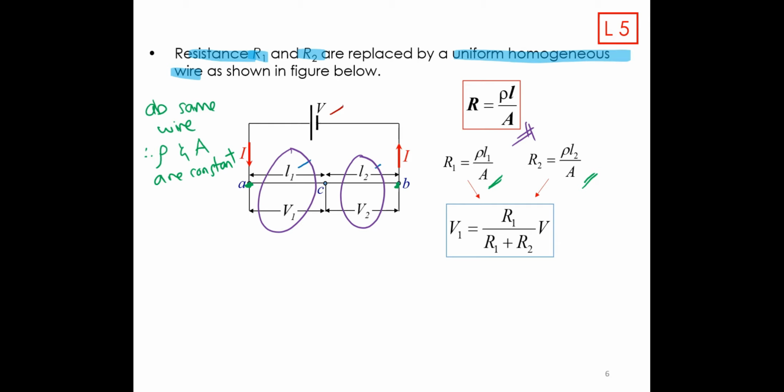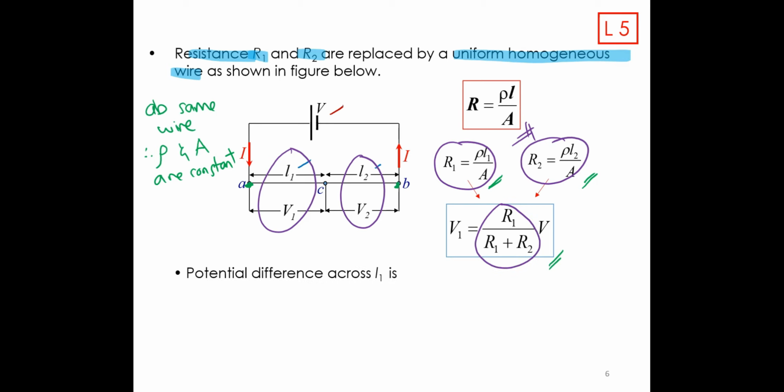V1 equals R1 over R1 plus R2 times V total. So just substitute this R into this one to find the potential difference across L1. It is similar to R1, but we do not know the value of R1. That's why we change it with L, because it is a wire.